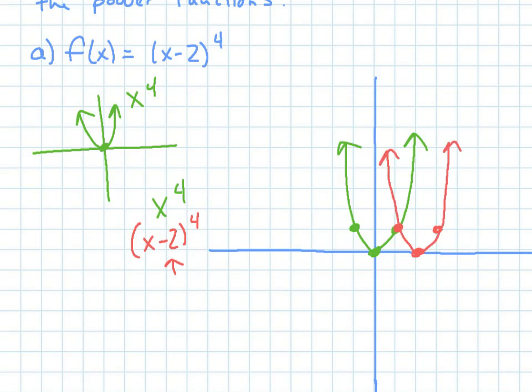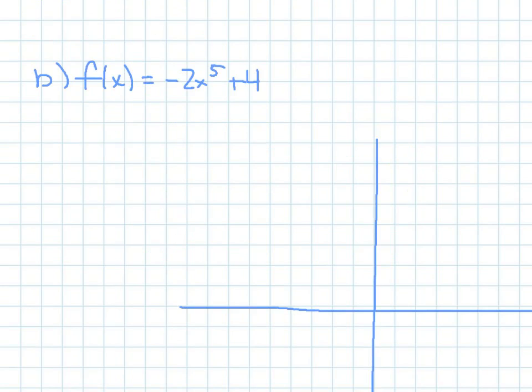Okay, let's try another one. Here you have f of x is equal to negative 2 times x to the fifth plus 4. So an x to the fifth one is kind of like x cubed. It's just in between negative 1 and 1, it's flatter or closer to your x-axis because it's doing the same thing as that x to the fourth.